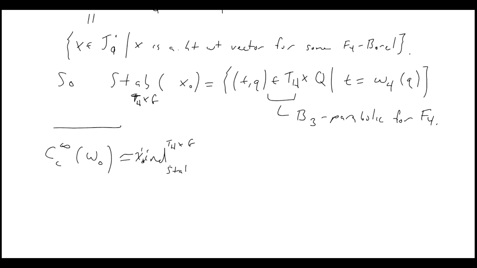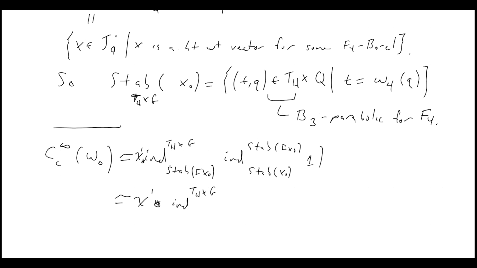Okay, so we can do transitivity of induction. The stabilizer of the line, this is the B3 parabolic. And then the stabilizer of the point, we have an expression for that above.